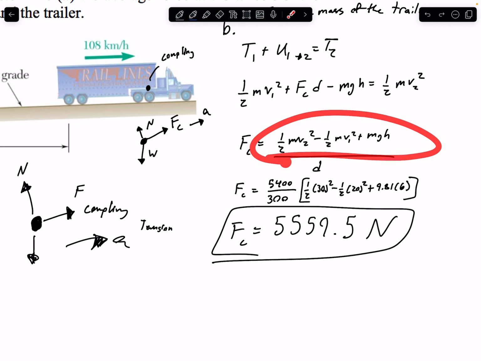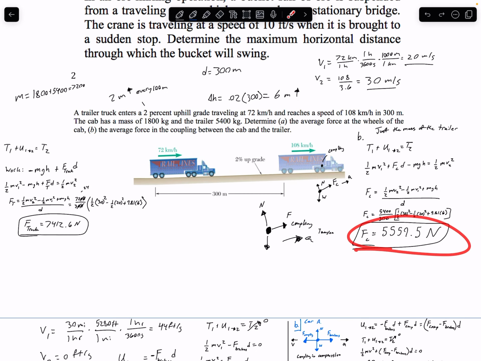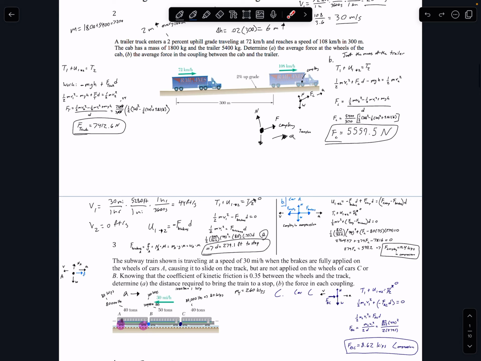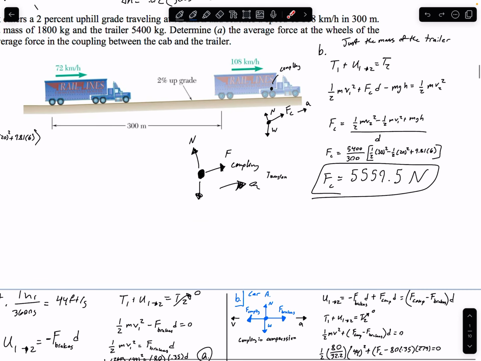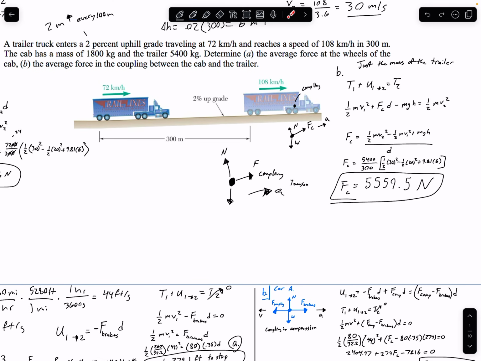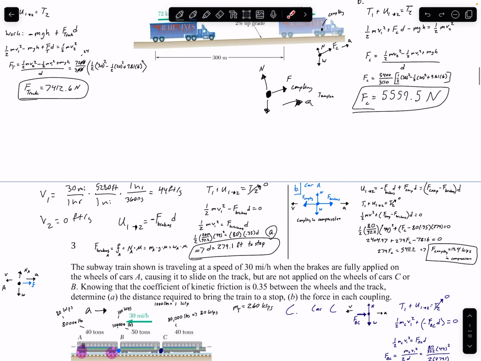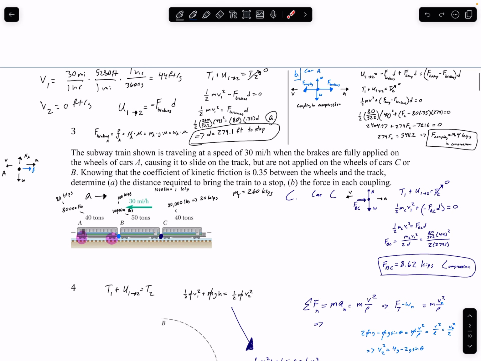We know all of this and the distance traveled, and we get that the force of the coupling is 5,559.5 newtons. And you could also find it if you're just looking at the truck as well, but it'd just be the opposite of that, because if it's in tension, it'd be pulling away from the side, but that doesn't really matter.